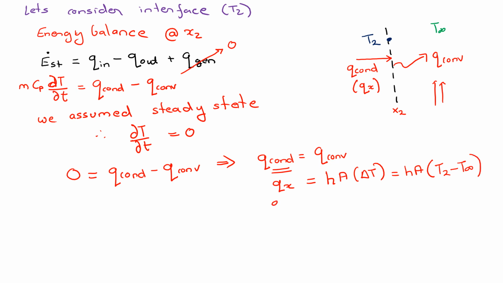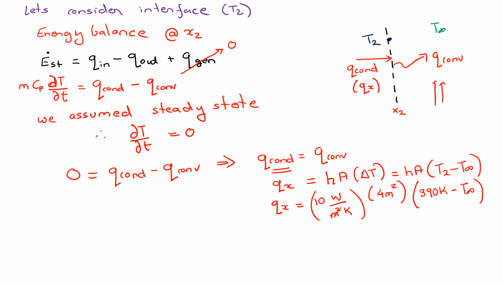Let's plug in the numbers. Our h is 10 watt per meter square Kelvin, our area is 4 meter square, and our temperature T2 is 390 Kelvin, minus T infinity, which is unknown and that we need to find.